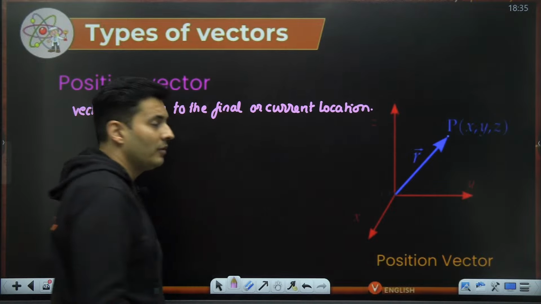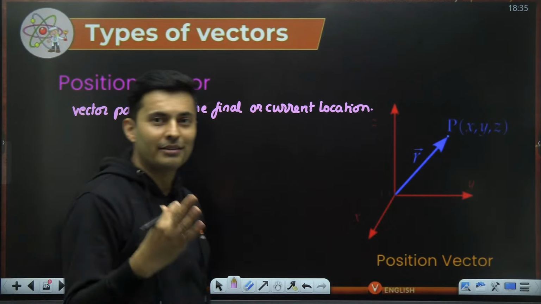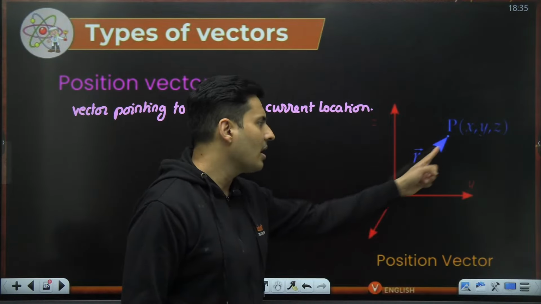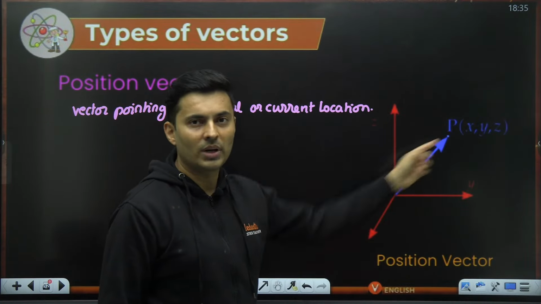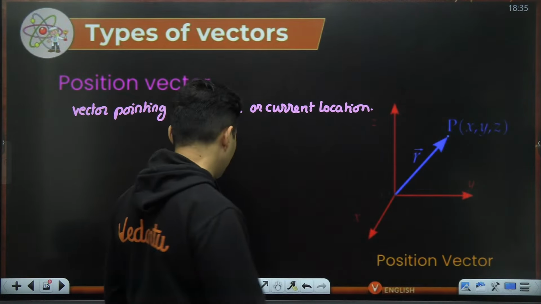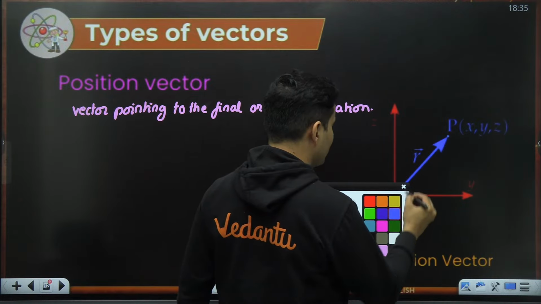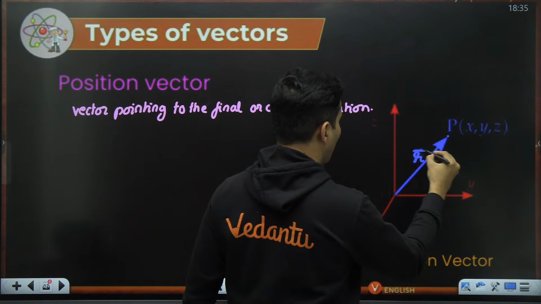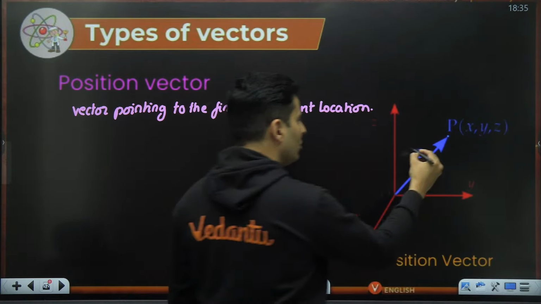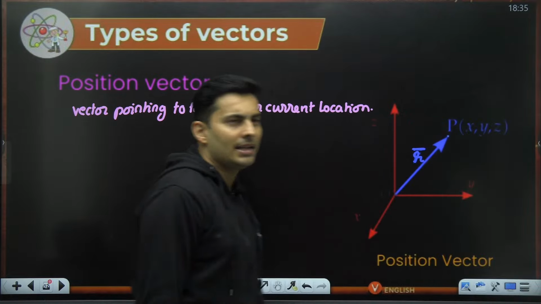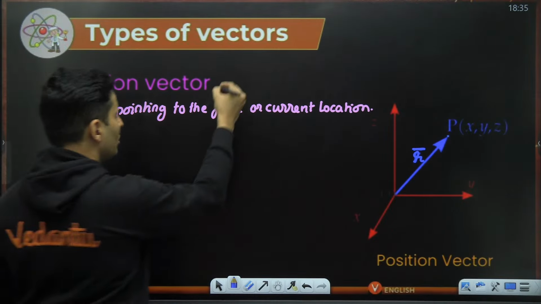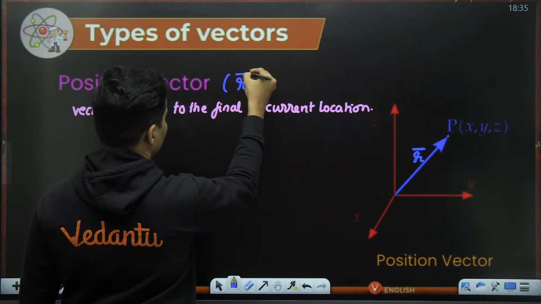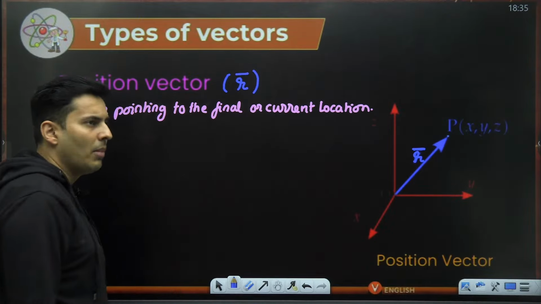What is your position? From the origin, you draw an arrow towards your current location. That is the position vector. Usually the symbol of a position vector is a small alphabet r with a bar on it.